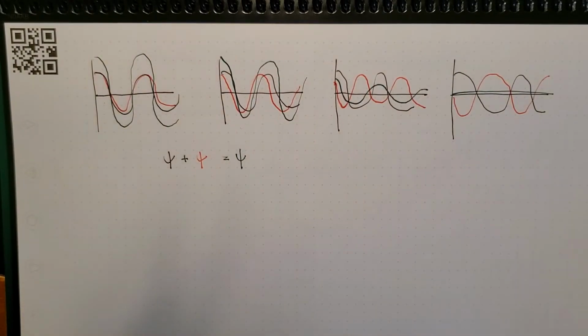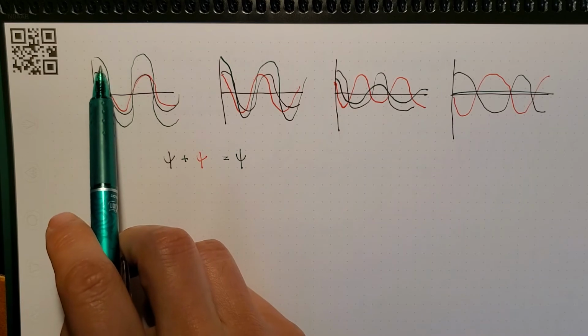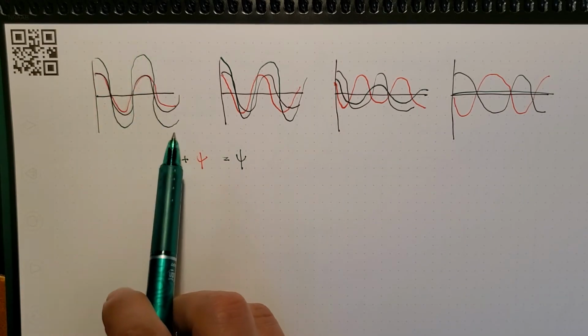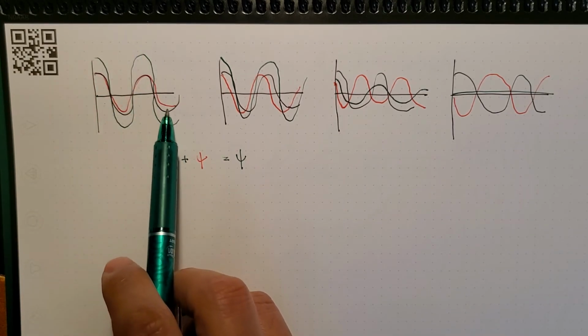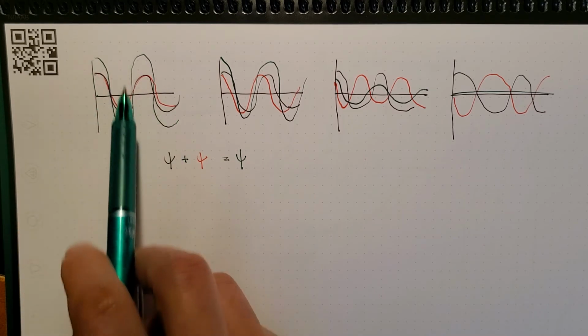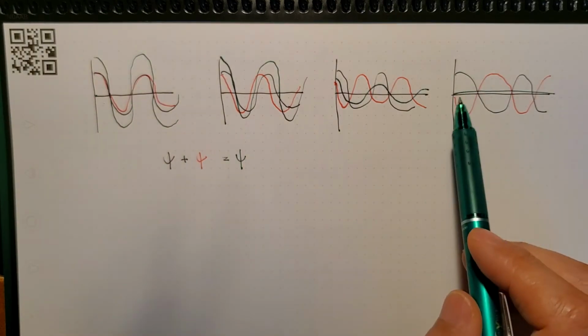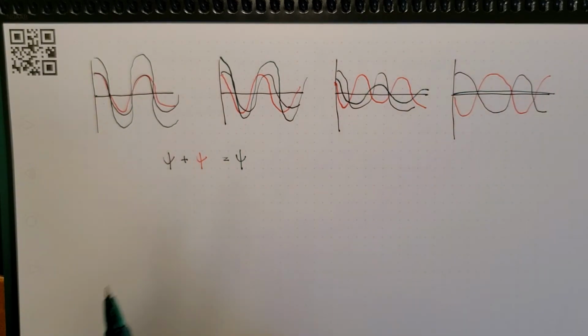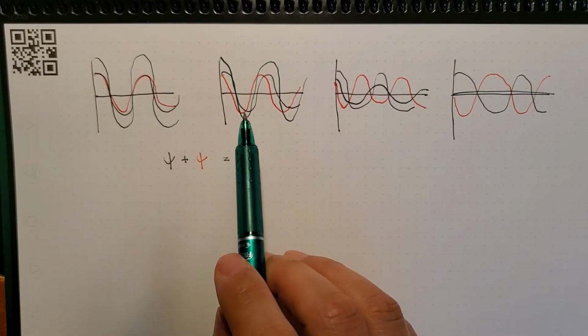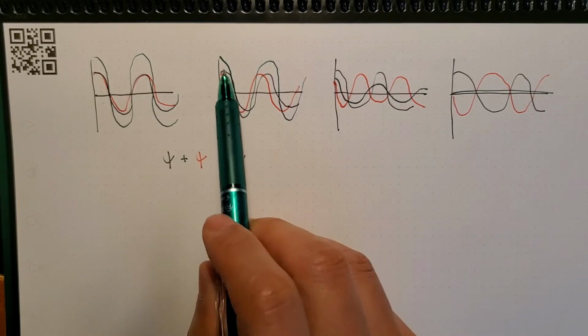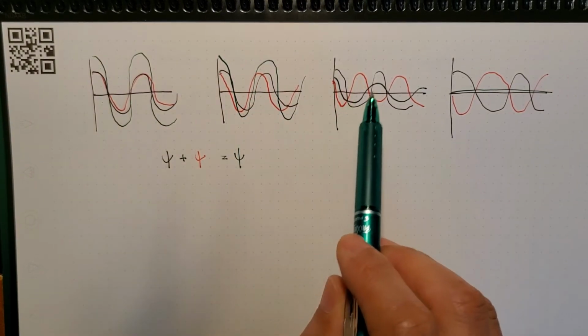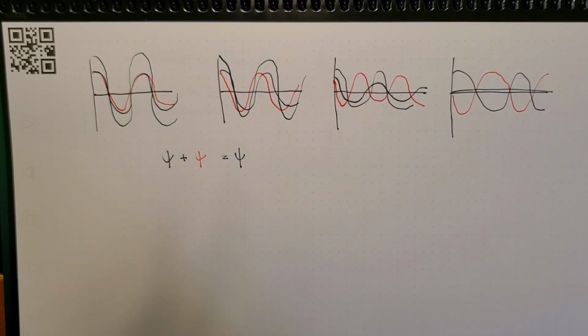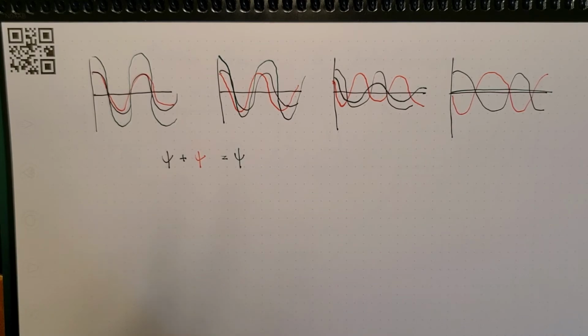So the outcome wave function, as we saw before, constructively depends on their relative intensity, but we assume they're the same. And here you got completely destructive interference. But as you have more and more phase difference, the intensity gets weaker and weaker.